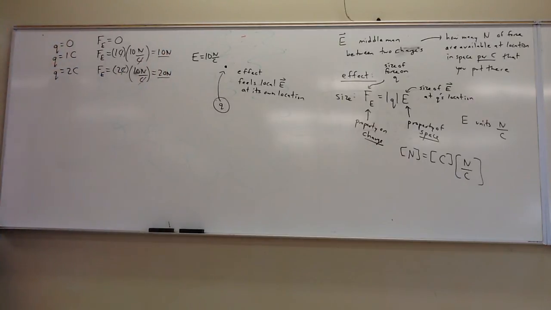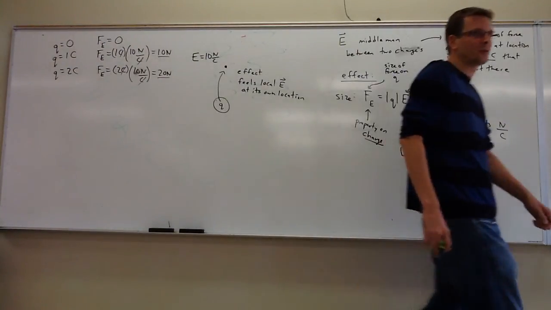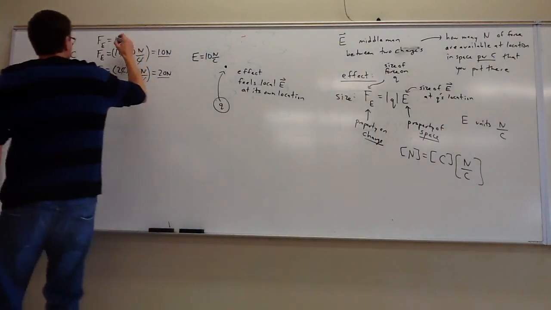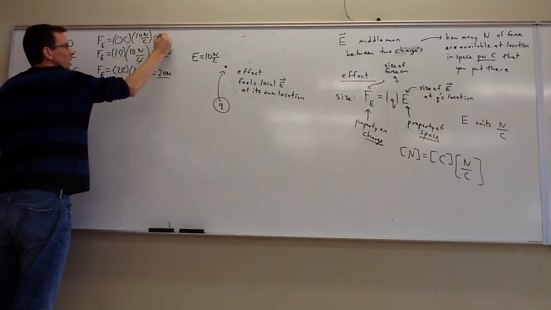So there's no one value for the amount of force experienced, right? The force in my 3 examples is 0, 10, and 20 newtons. But what is the same, and I can write it even over here on the first one, is 0 coulombs times the location in space has 10 newtons available per coulomb.